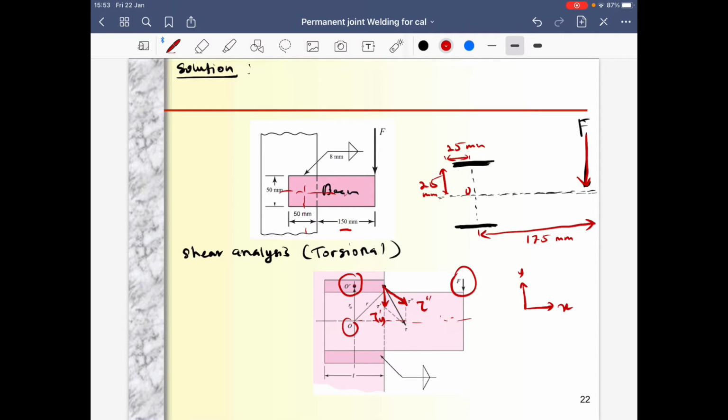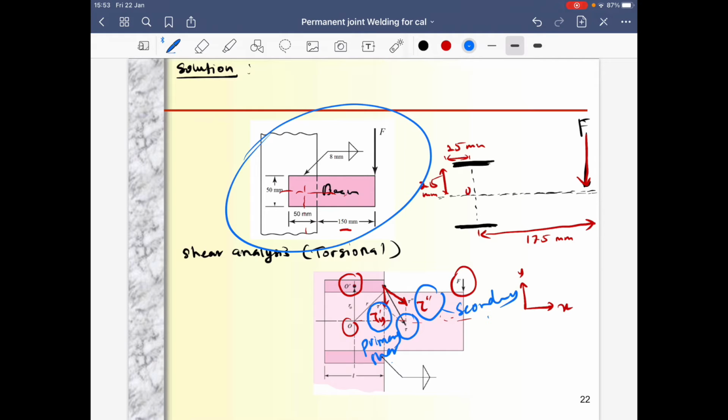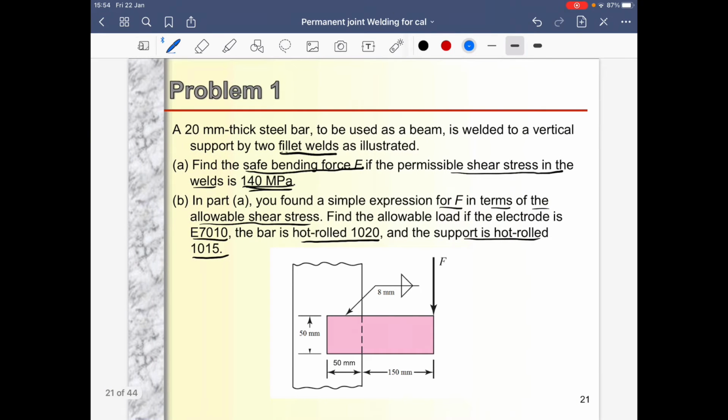That's why in the calculation of this diagram, we have to consider both the primary shear and the secondary shear, so that we can get the maximum shear stress that occurs inside the fillet welds, and we compare it with the allowable shear stress as mentioned in the question. Permissible shear stress is similar to allowable shear stress.